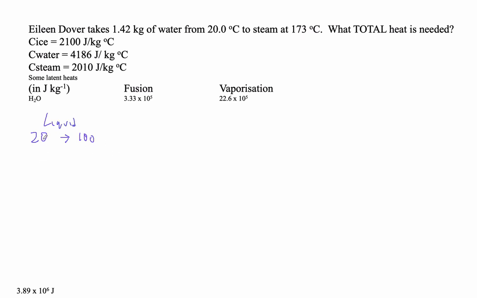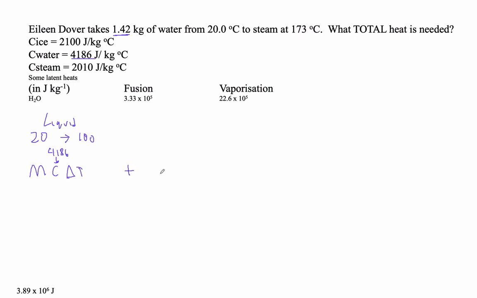And our C is going to be, so we're going to use MCΔT for that, right? And this C that I'm going to use is the one for the liquid water. So this guy's going to be 4186, right? Our change in temperature will be, 20 to 100 is 80. And our mass, all these masses will be 1.42, right?